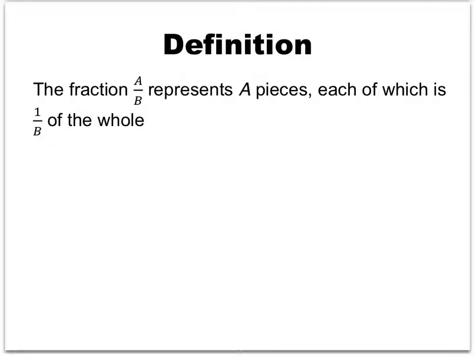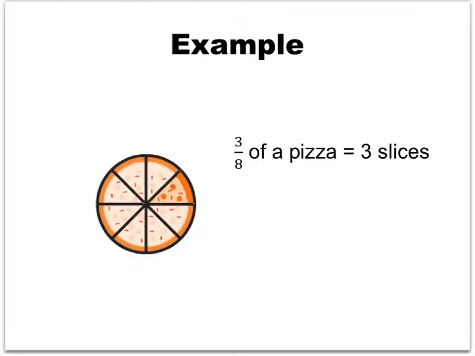And then in the fraction a over b, we're going to take a of those pieces. So, as an example, let's take the statement 3/8 of a pizza. So this means we're going to divide our pizza up into 8 equal pieces. That's our denominator. Our numerator says that we're going to select 3 of those pieces. So 3/8 of the pizza is 3 slices of our pizza.